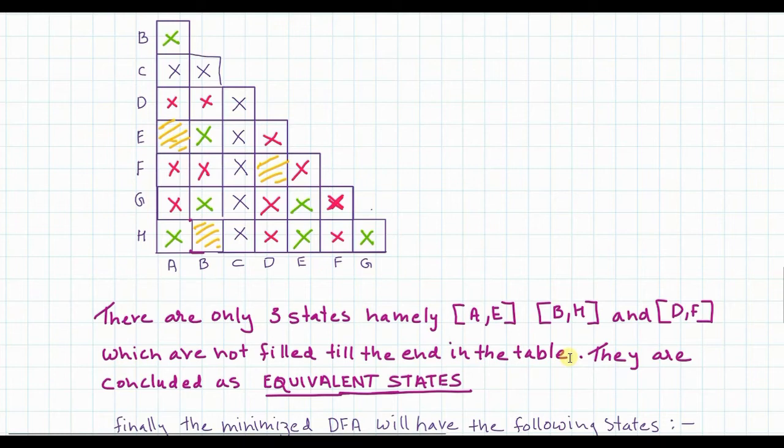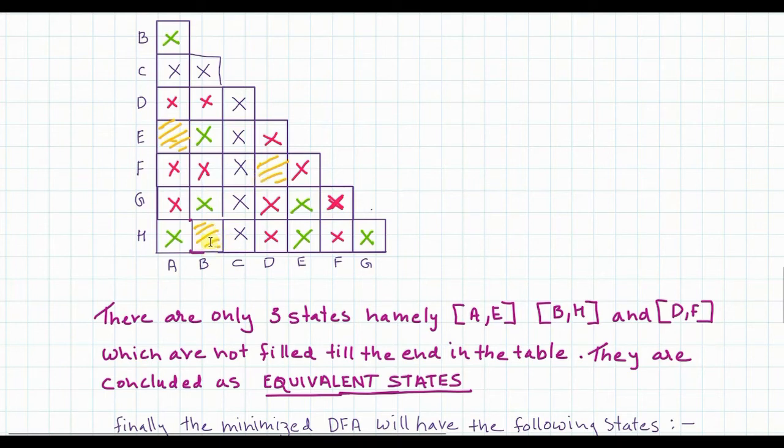The cells which are filled are filled because the two states which they represent are distinguishable. For example, this particular cell is marked with X because the two states, G and F, which it represents, are distinguishable. Now this cell, if you consider, is not marked.